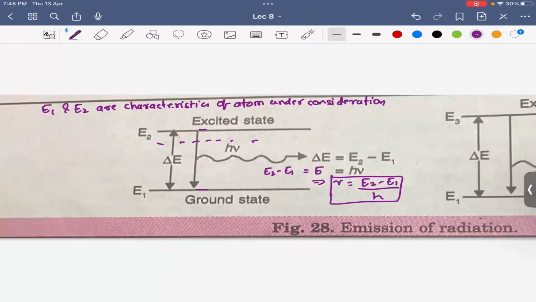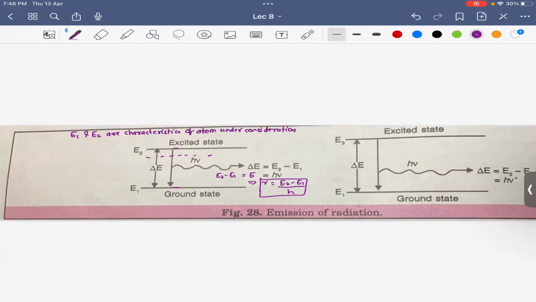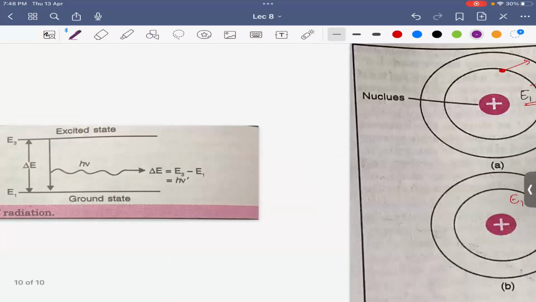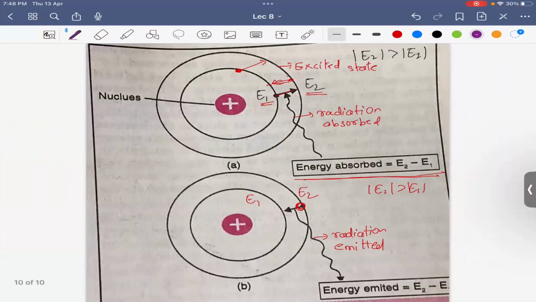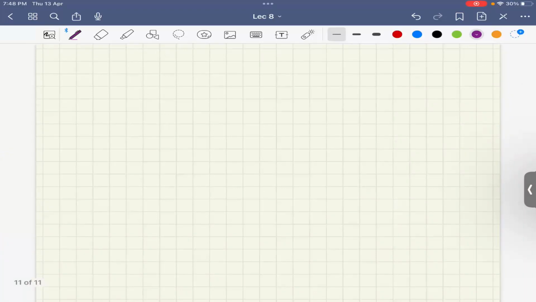So let us do some mathematics. Now we know that this mu will be nothing but E2 minus E1 by h, where mu is nothing but c by lambda, as mu into lambda is nothing but c, and c is the velocity of light in vacuum.